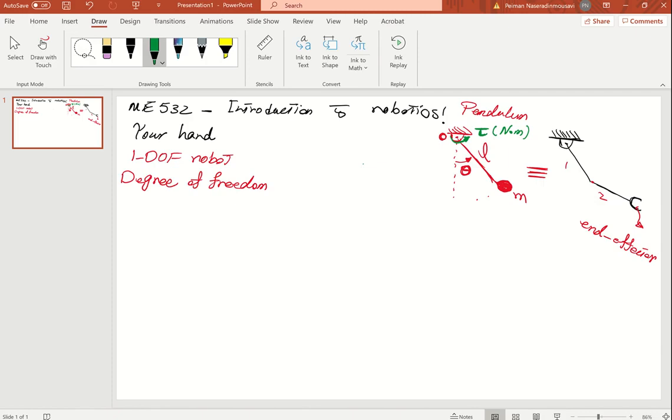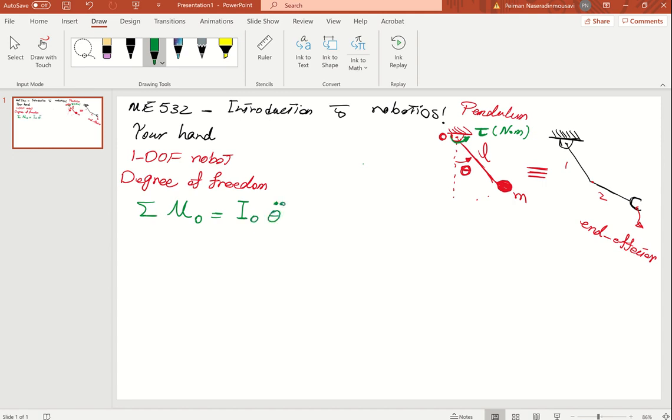So now what we're going to do is develop the equation of motion. How? I taught you in many courses, dynamics, control, vibration, system dynamics, that when you're dealing with rotational motion, you have to bring up which equation? Yes, the moment equation. I_O theta double dot.